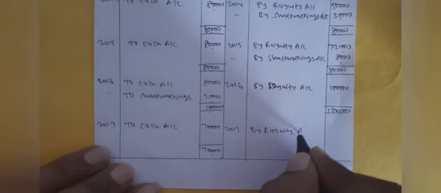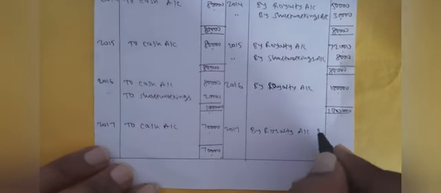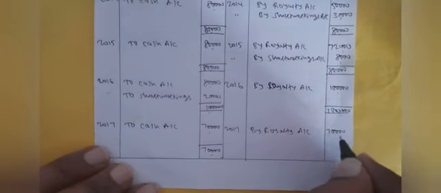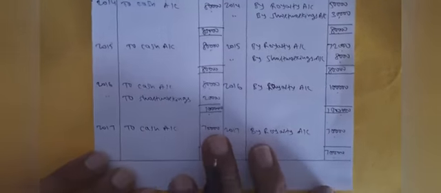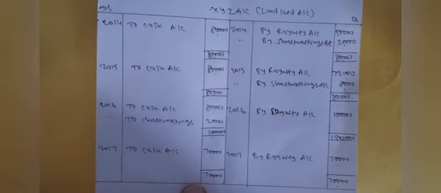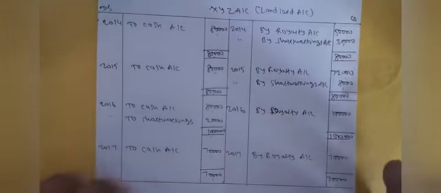So there is no short workings. So in 2017 by royalty account 70,000. Okay, so this is the landlord's account.